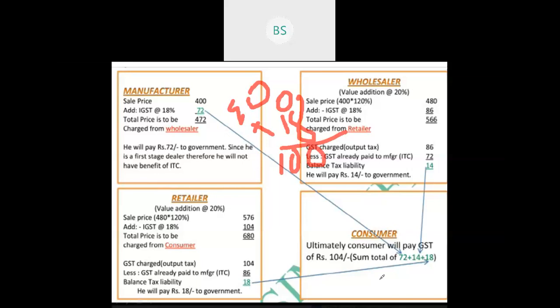All that burden will come on the consumer. So the consumer is an end user who is paying the whole GST indirectly to the government. And only these two, the retailer and the wholesaler who are reselling the product, can take the benefit of ITC. So now, any doubt in input tax and output tax credit?